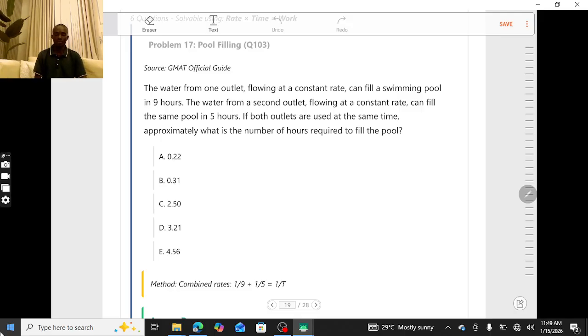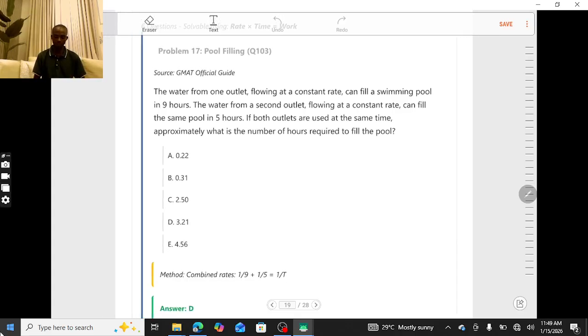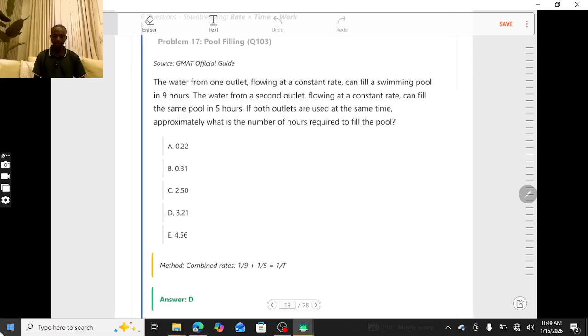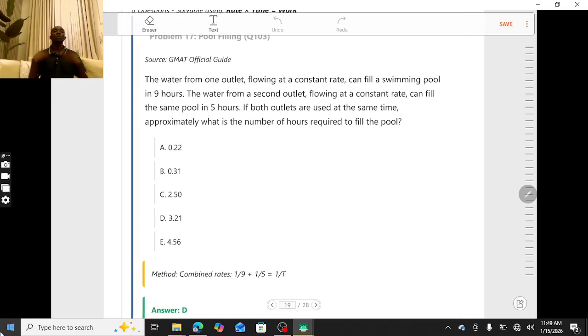Okay, again, if you have to solve this question without any restriction, assuming you can solve it with any method, what method will be the fastest?